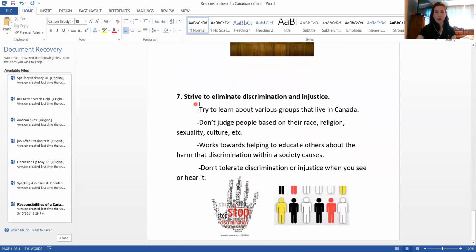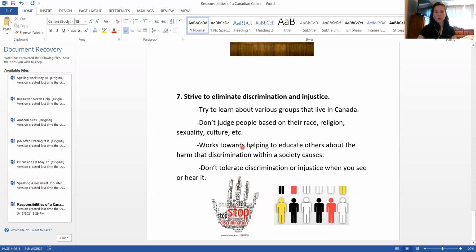And we must strive or try to eliminate discrimination and injustice. We can do that by trying to learn about the various groups that live in Canada. We should not judge people based on their race, religion, sexuality, culture, or for any other reason.